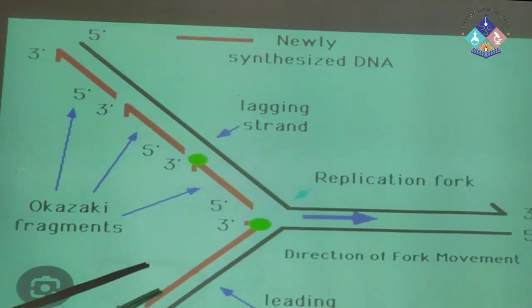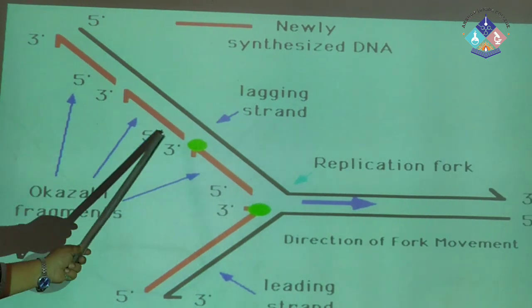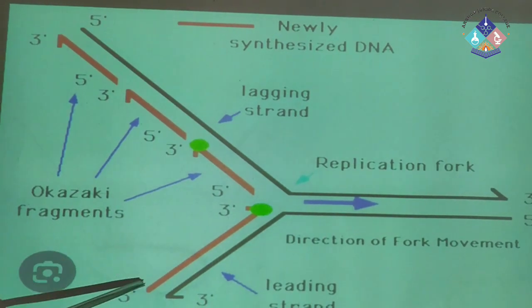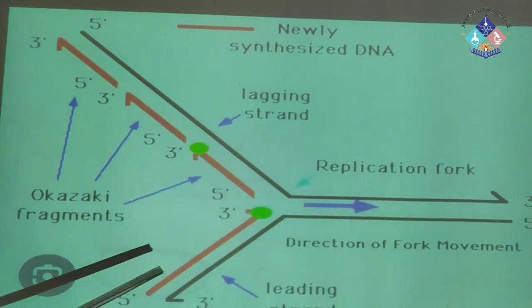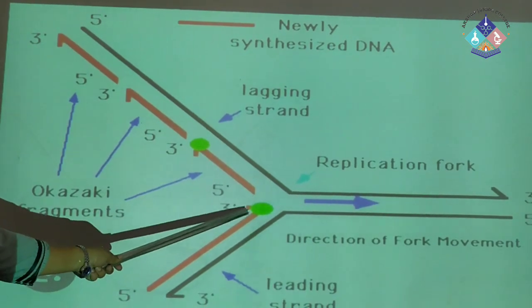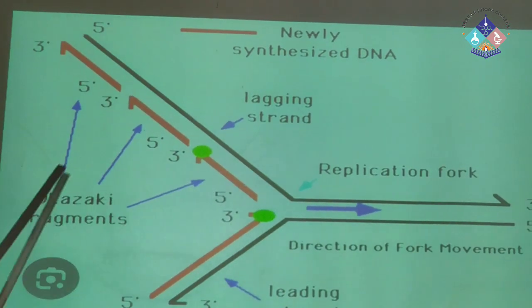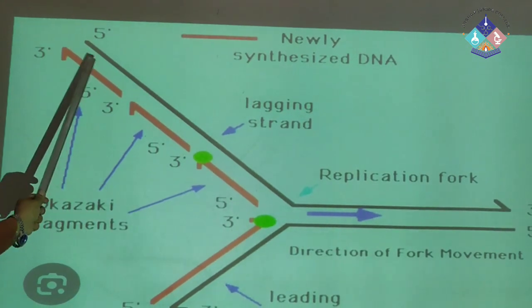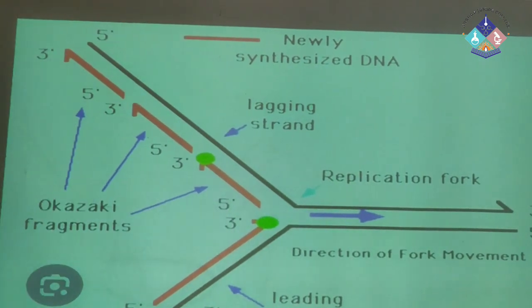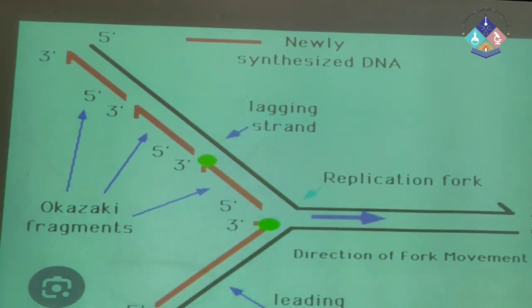The diagram here shows the replication fork. Now this one is the lagging strand and this one is the leading strand. The newly synthesized strand is always in the 5' to 3' direction. You can see here this one, 5' to 3'. These are the fragments, called Okazaki fragments, and these Okazaki fragments are joined by the DNA ligase enzyme.